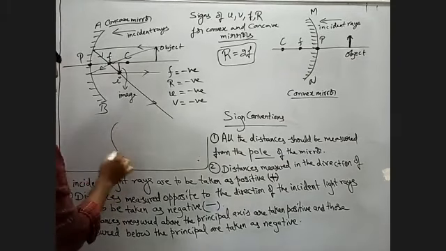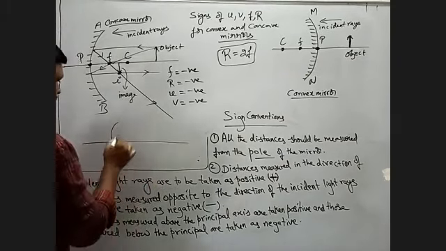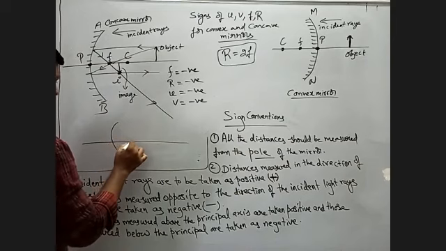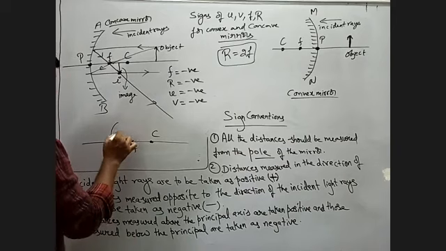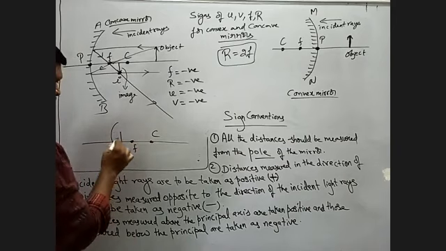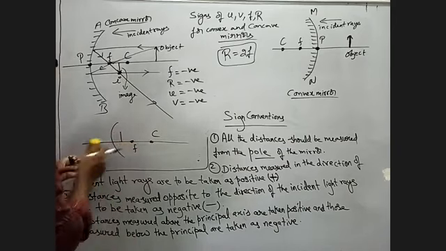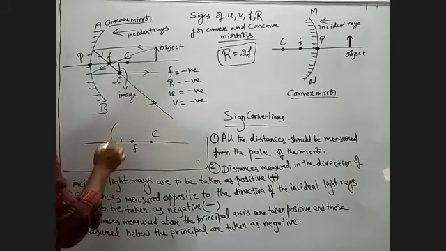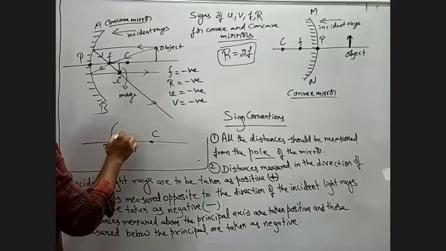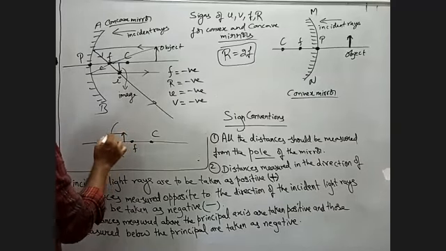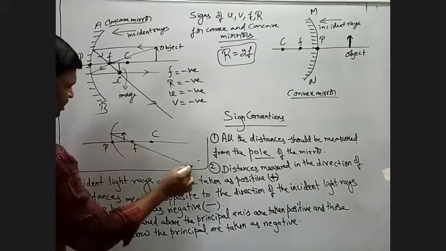So roughly, if you have the diagram, look here. This is the focus. This is the center of curvature. Now, when the object is kept here, between the pole and focus, this is your pole. This is the only case and also an important case. When the object is here like this, one incident ray is coming like this.